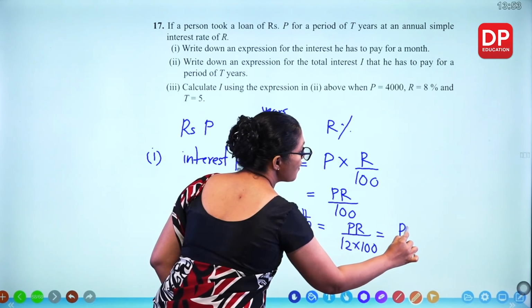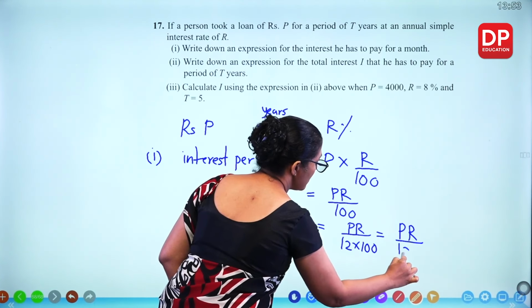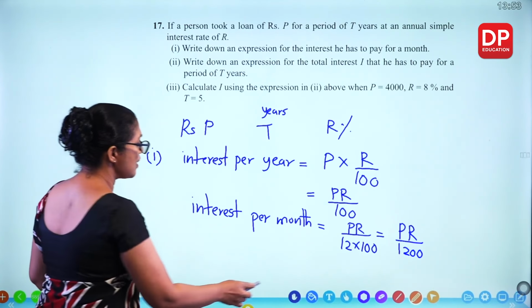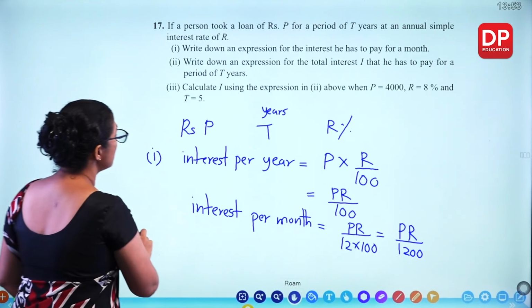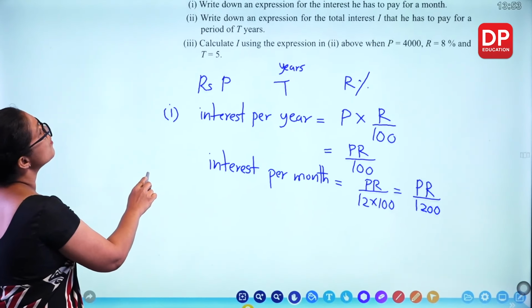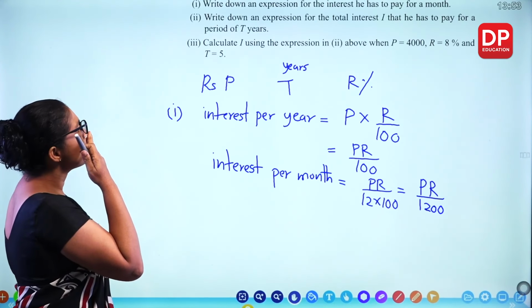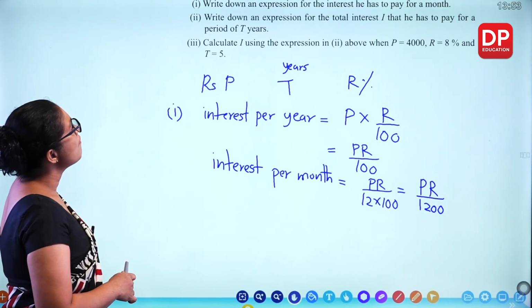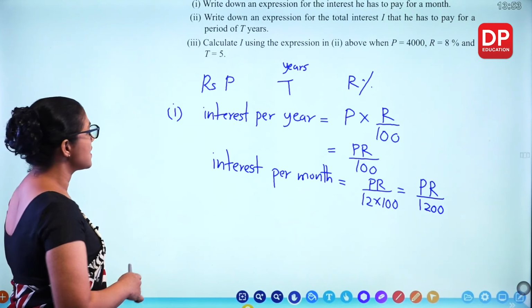So PR over 1,200. Then the second part, write down an expression for the total interest I that he has to pay for a period of T years.